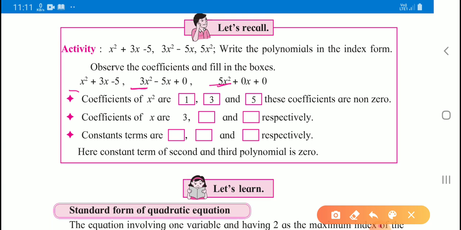Now next we want to write the coefficient of x. So here in the first equation you will get the coefficient 3. In the second equation it is negative 5. Okay, and in the third equation, the coefficient of x is 0.